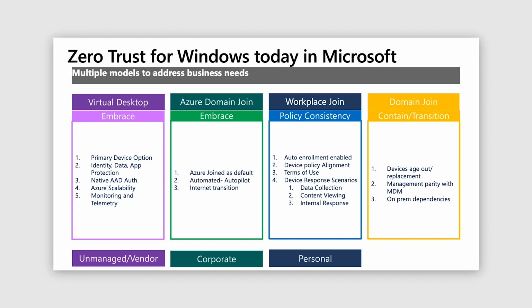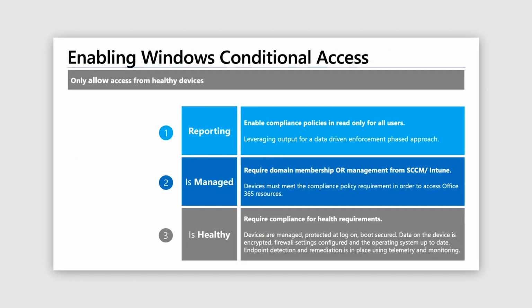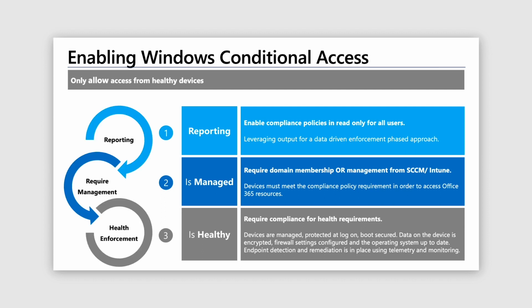I want to talk about conditional access and our approach here. We really have a three-tiered approach. Essentially, it goes 1, 2, 3. The first is the reporting phase, and we're going to show you how we do that and what we did. But the reporting is so significant.